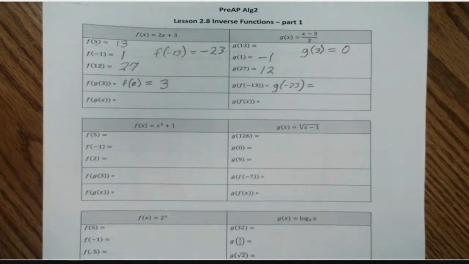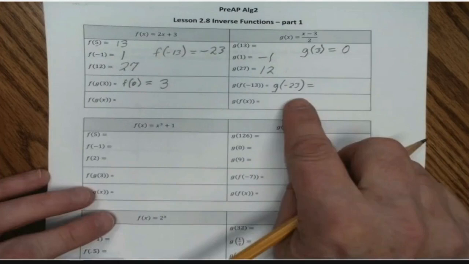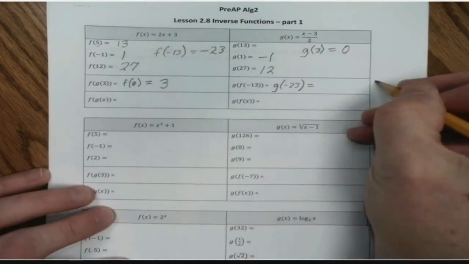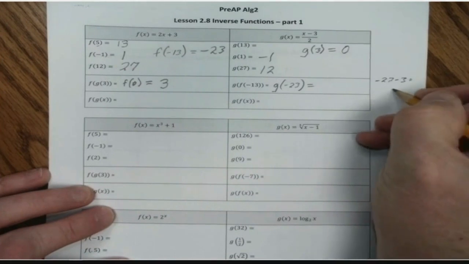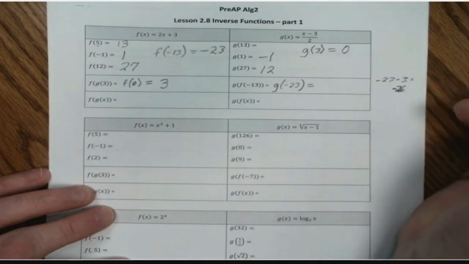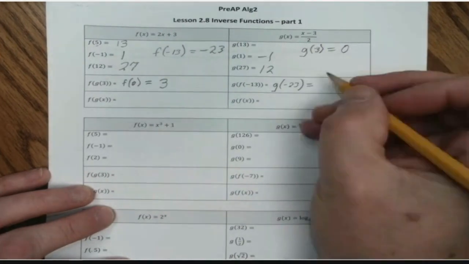What is that going to equal? I see a negative 13. Ryan's already on top of that. Negative 23 minus 3 equals negative 26, and negative 26 divided by 2 is negative 13.